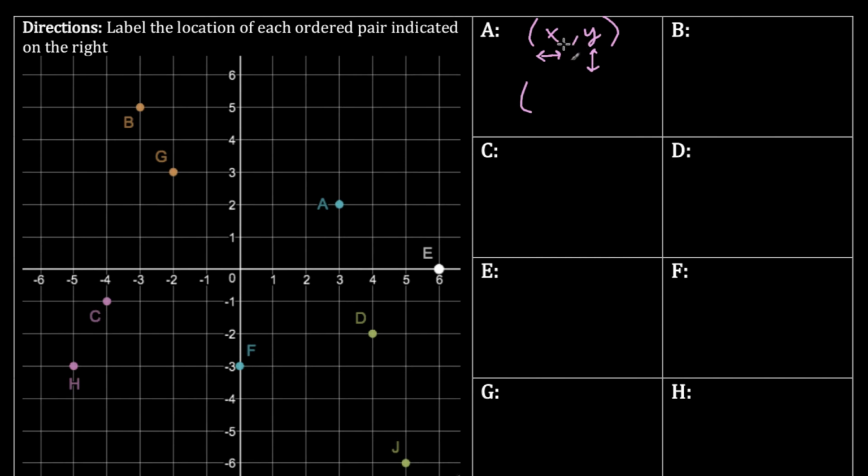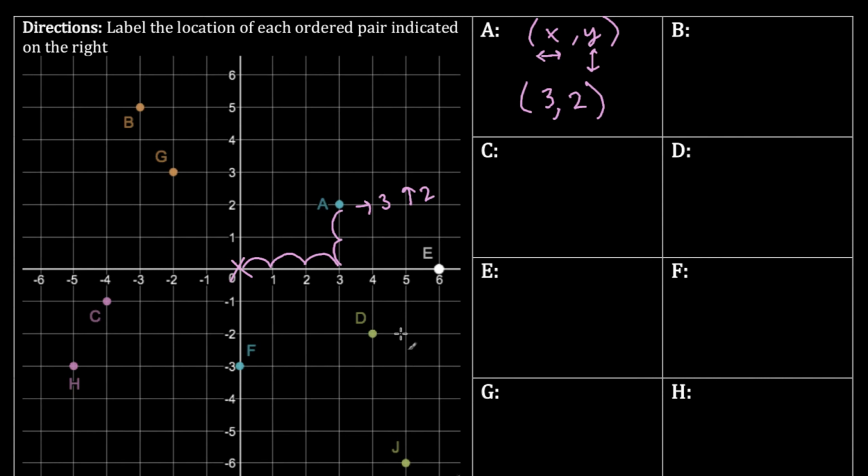We always start at the origin. We went right 3 and then up 2. Right 3, up 2. So +3, +2.